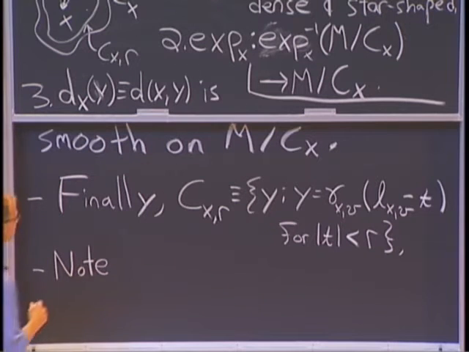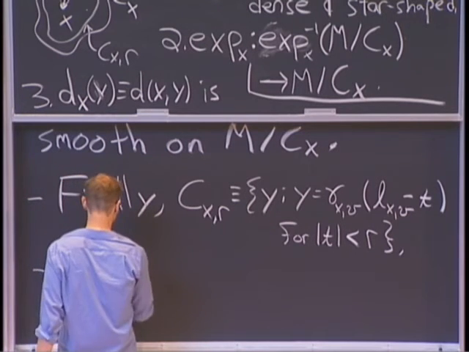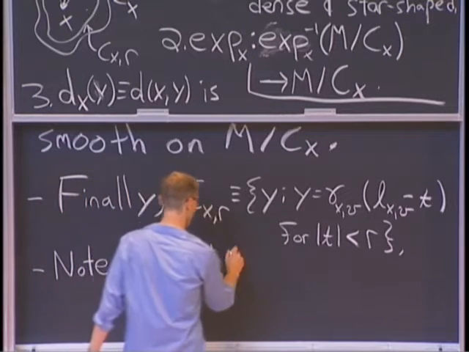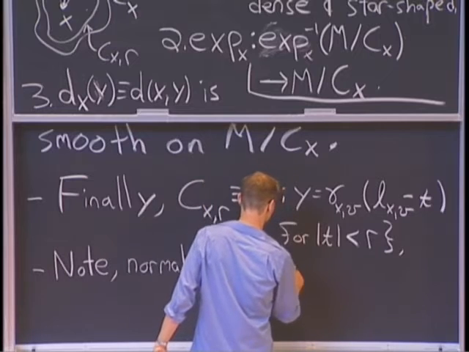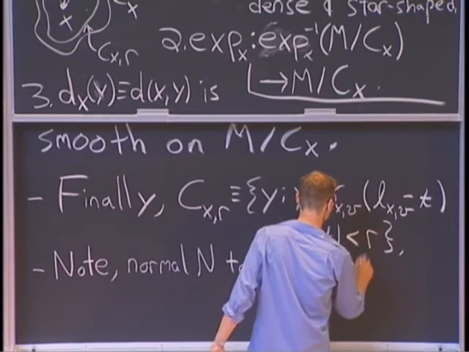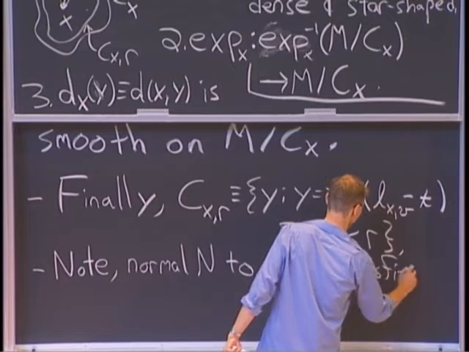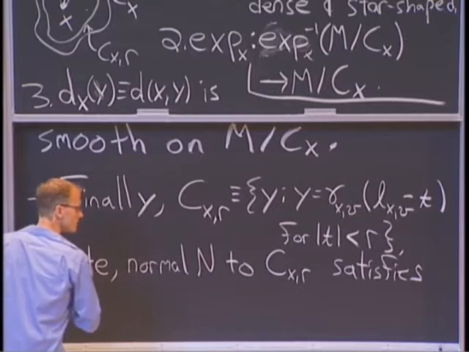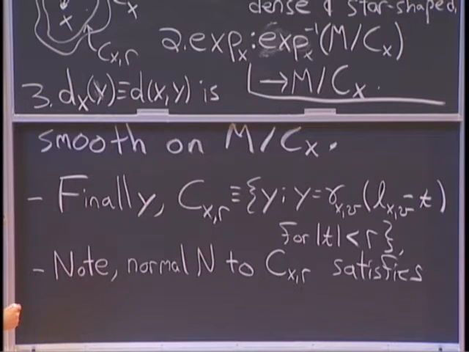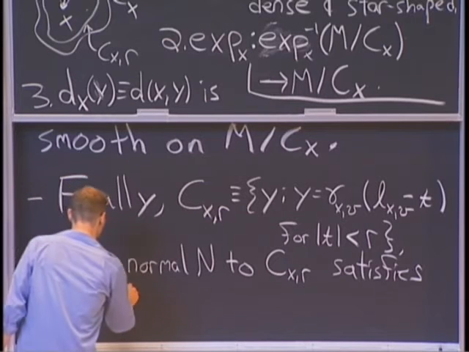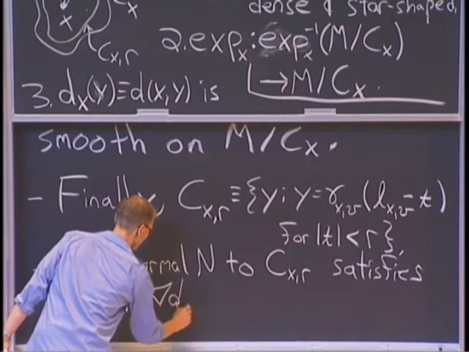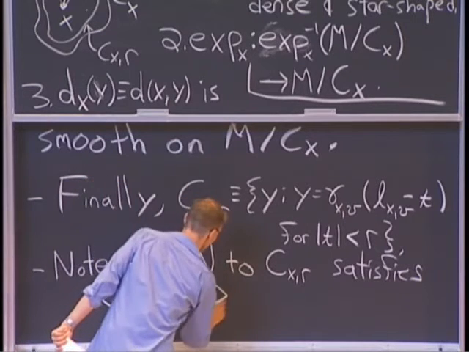And note that the interior normal to CXR satisfies the following super important condition. We're going to use this in 10 minutes for a good deal of Ricci curvature theory would be wrong if this was not correct. Satisfies that the normal inner product with the gradient of the distance function from x is positive.